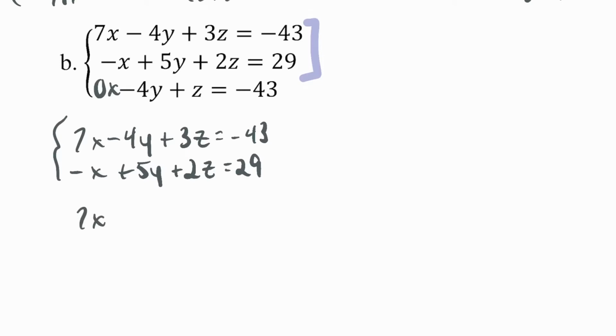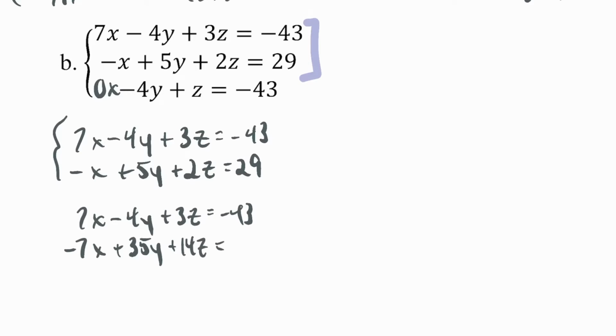7x minus 4y plus 3z equals -43, minus 7x plus 35y plus 14z equals 29 times 7 is 203.